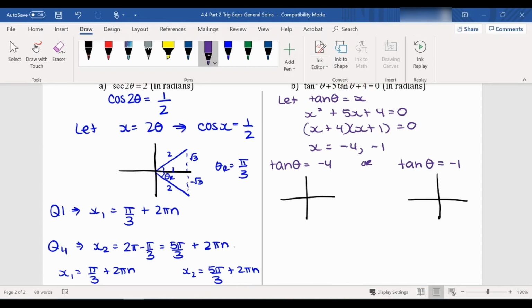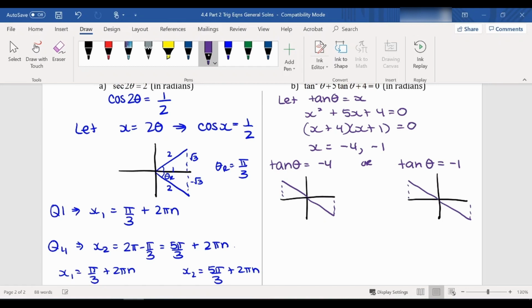Tangent is negative in quadrant 2 and quadrant 4. Now, if we have quadrant 2 and quadrant 4, okay, so for the first one, tangent is opposite over adjacent, right?